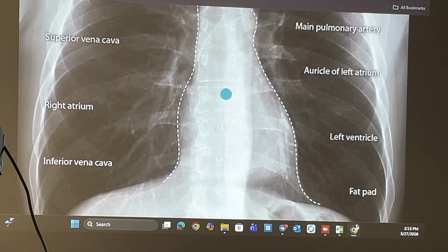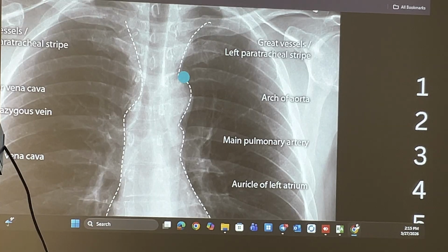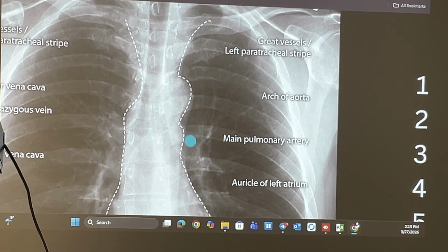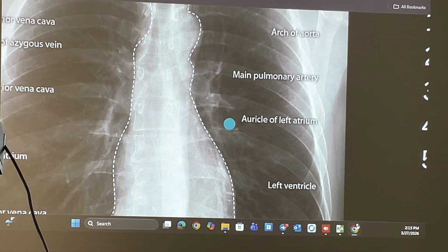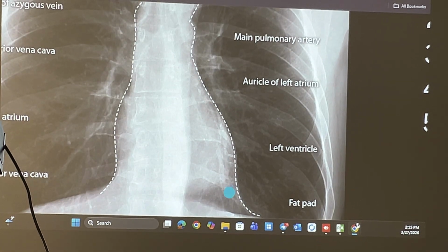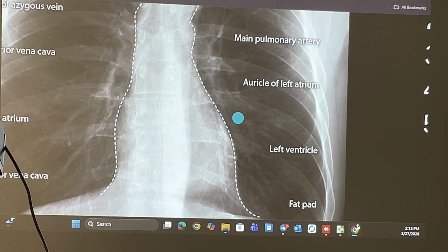Inferiorly to it, we will see the right heart border. On the left, you will see the aortic arch, the main pulmonary artery, and the left heart border, which is the left ventricle.